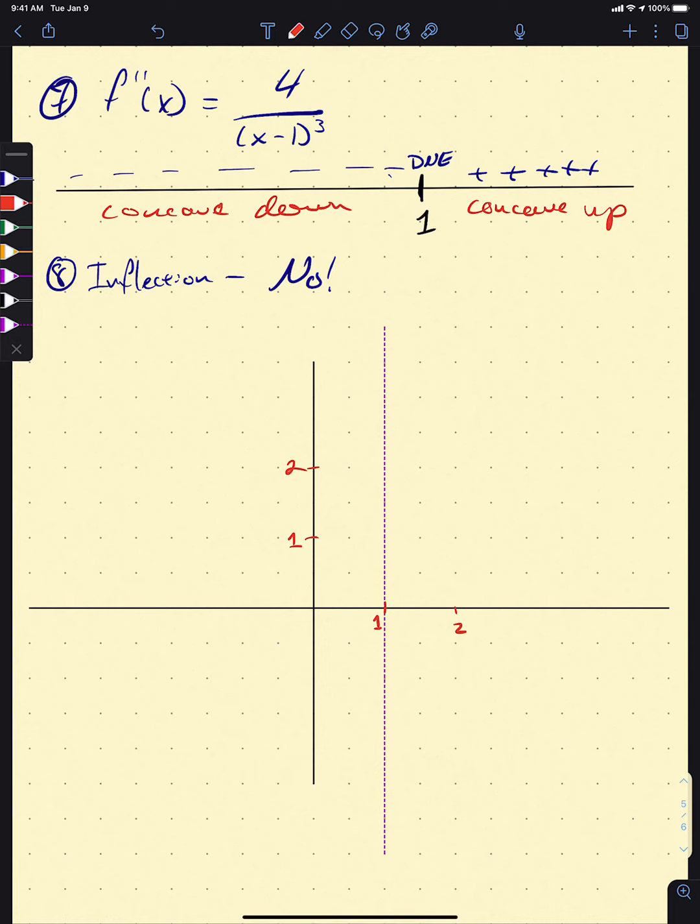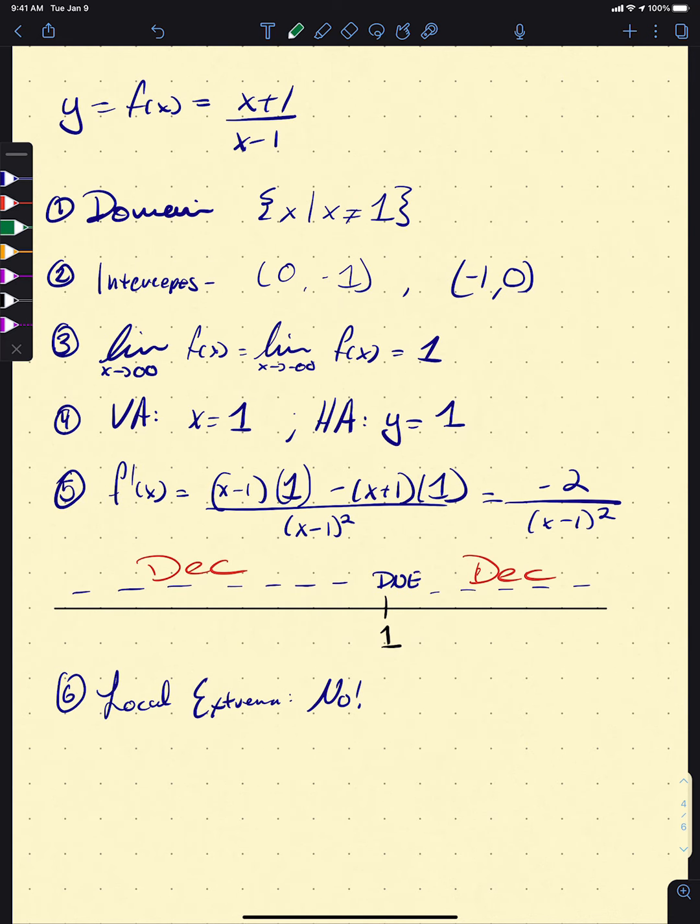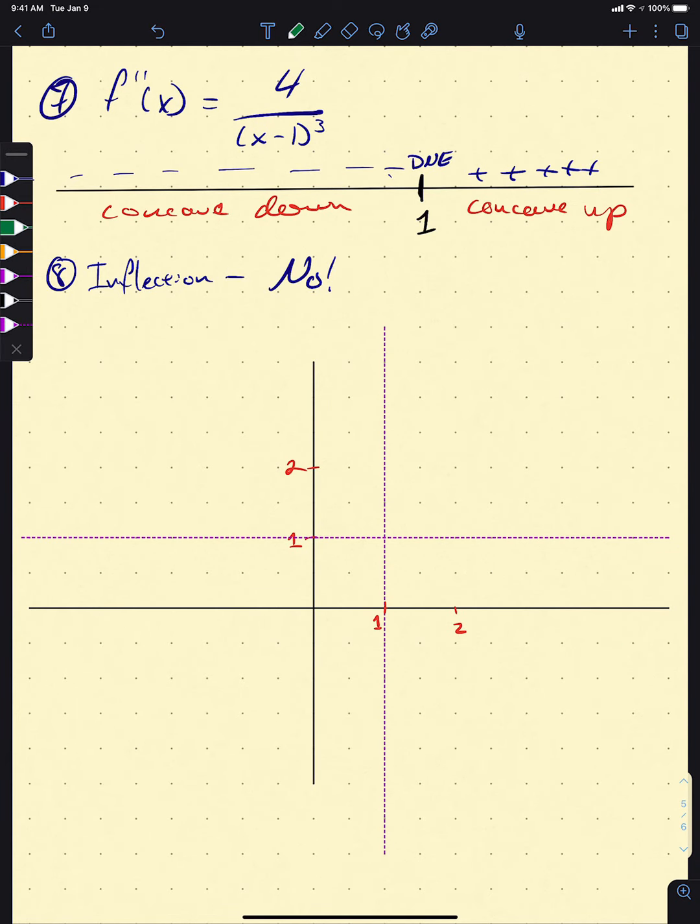Okay. And then we also have a horizontal asymptote at y equals 1. Handy to know. And what else? We know that our intercepts are going to be negative 1, 0, and 0, negative 1.